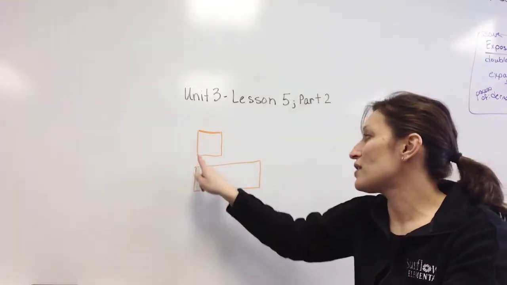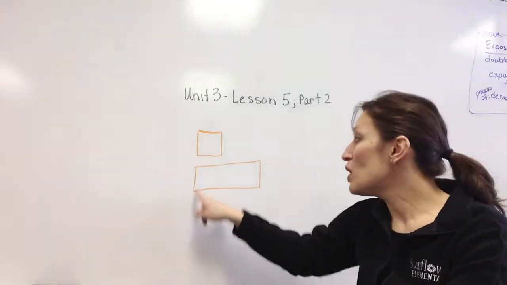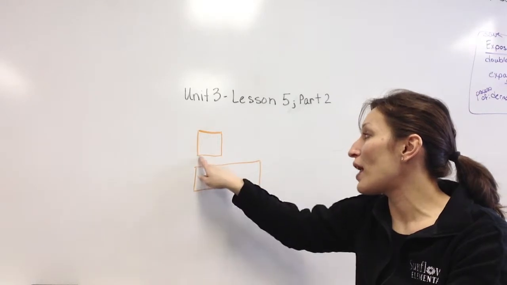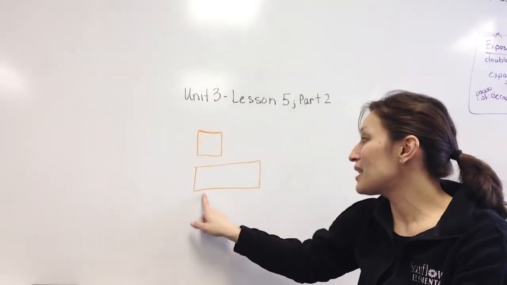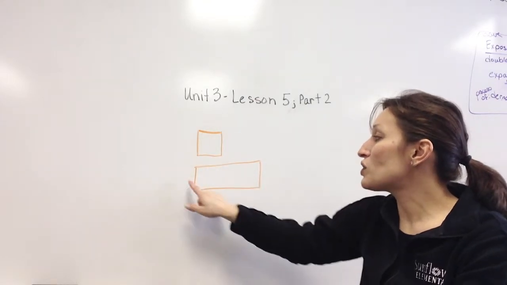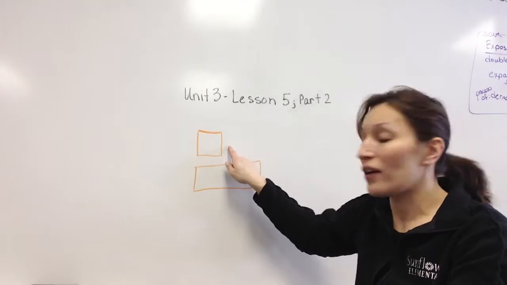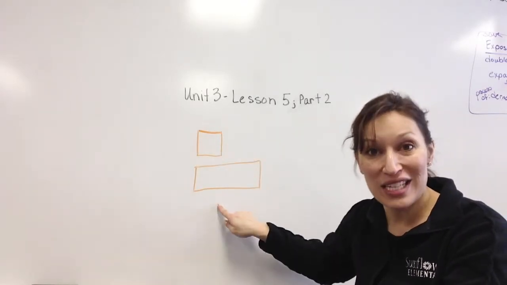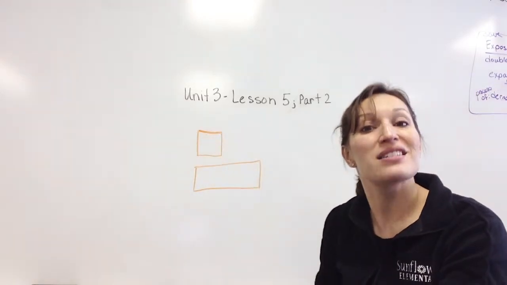I'm noticing that the square might be related to the rectangle because he is special in that all his sides are the same. The rectangle, two of the sides are short and 2 of the sides are long. So a square is a special rectangle that has been shortened so all the sides are the same.